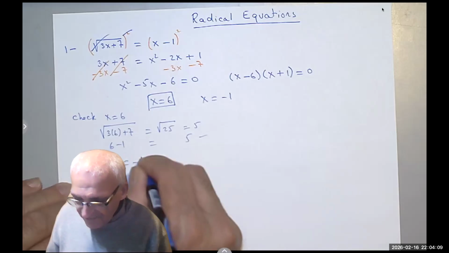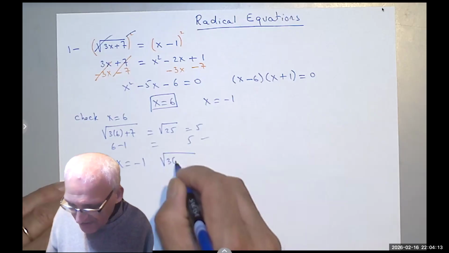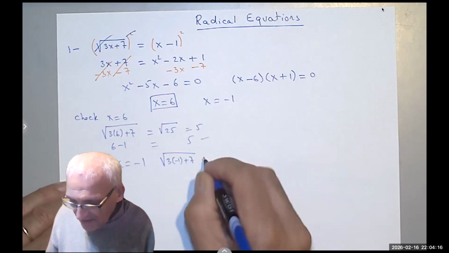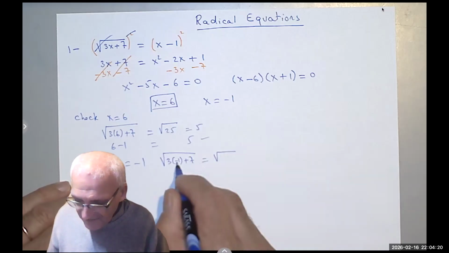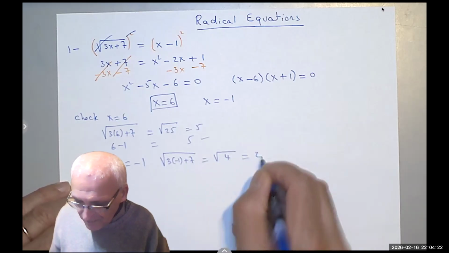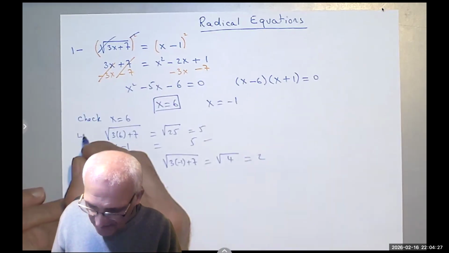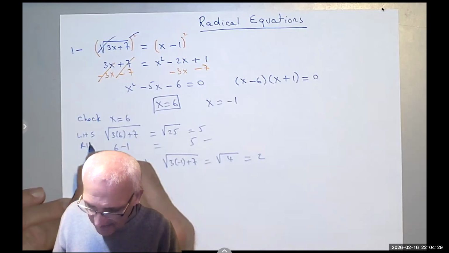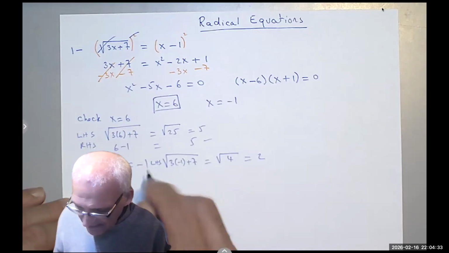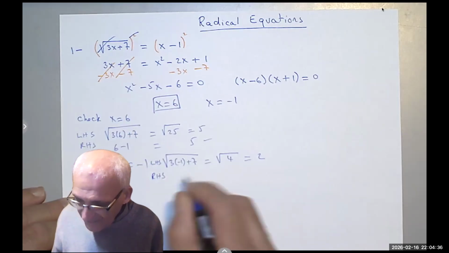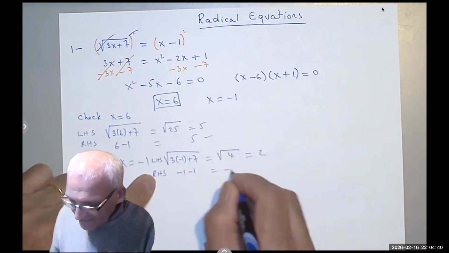Check x equals -1. Left-hand side: square root of 3 times -1 plus 7 equals square root of -3 plus 7, which is square root of 4, which is 2. Right-hand side: -1 minus 1 is -2.